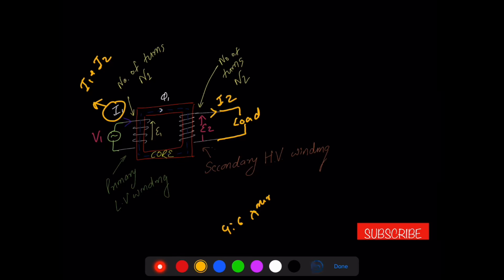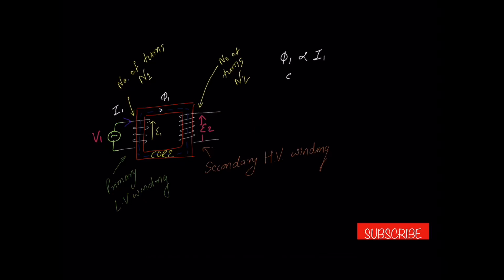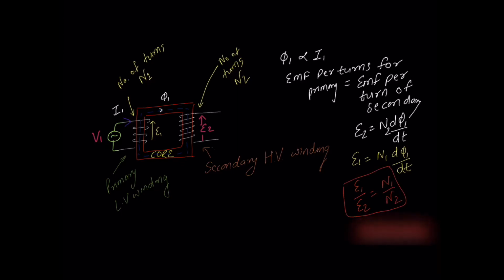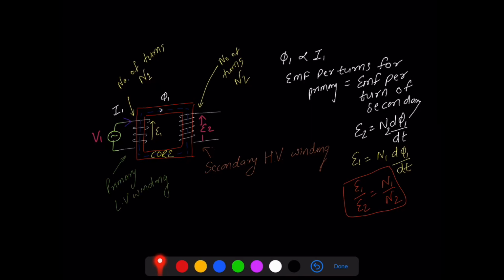Let us quickly see a small derivation so that you can have a concrete understanding and the classic formula of the transformer can be derived. If I see here, phi 1 is proportional to I1. Also, you have to understand that EMF per turn for the primary is equal to EMF per turn for the secondary. Why do I say that? Because E1 is equal to N1 d phi 1 by dt, Faraday's law, and E2 is equal to N2 d phi 1 by dt.